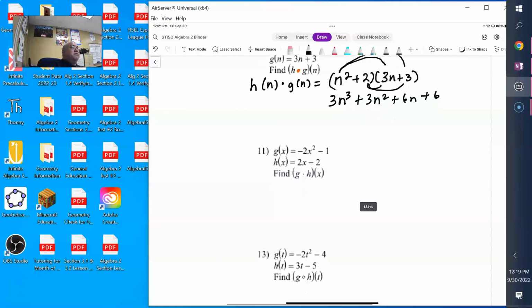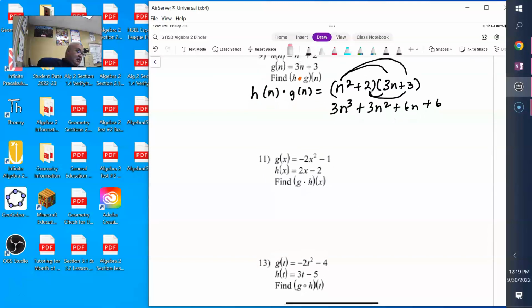Number 11. This is not composition. This is multiplication. So it's going to be g of x times h of x. So it's negative 2x squared minus 1 times 2x minus 2. So we have negative 2x squared times 2. You got to be careful. Negative 4, remember the variable, x squared. Negative 2x squared times negative 2 gives you positive 4x squared.